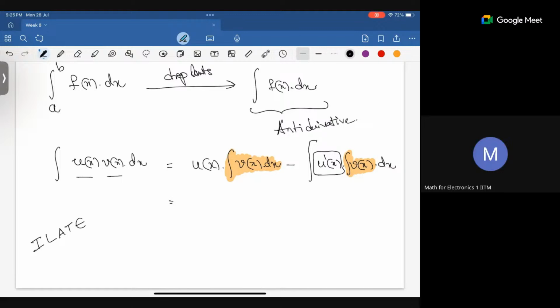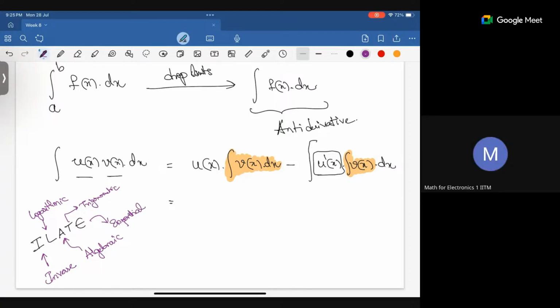So what is I? Inverse functions. L is logarithmic functions. A is algebraic. T is trigonometric. And finally, E is exponential.